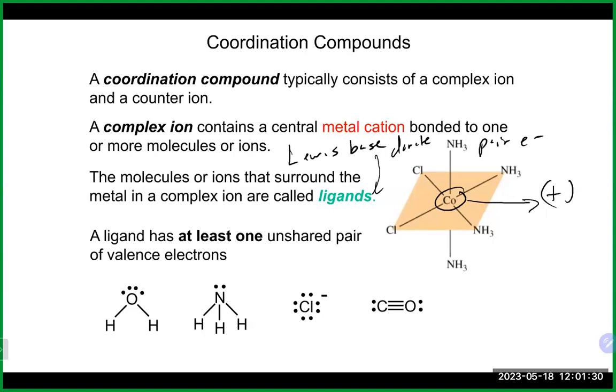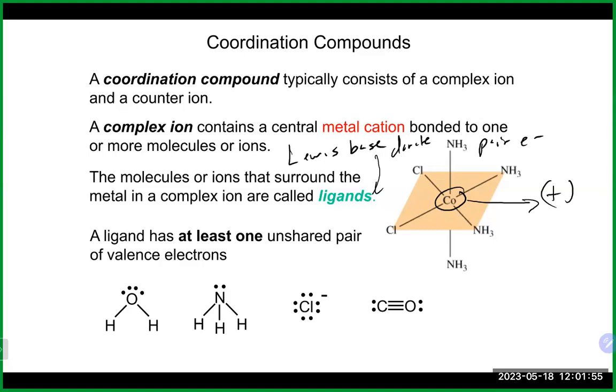The metal in the middle usually has a pretty good positive charge, like our transition metals with +2s, +3s, +4s, whatever it may be. They're very deficient, and so they act as really good Lewis acids for those Lewis bases that want to give away their electrons.